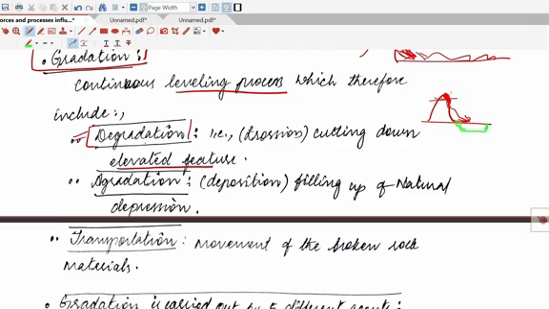Due to degradation, this part gets degraded or eroded, and due to aggradation, this comes and settles here, with the help of air, gravity, this comes to this depression, and this starts settling here. Now what happened is the depression slowly got compressed, that means slowly decreased. This helps in leveling the surface area, that is aggradation.